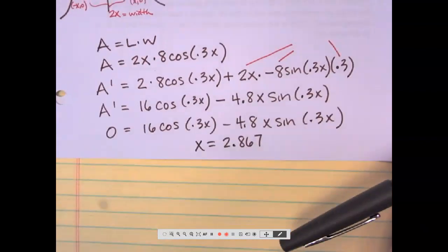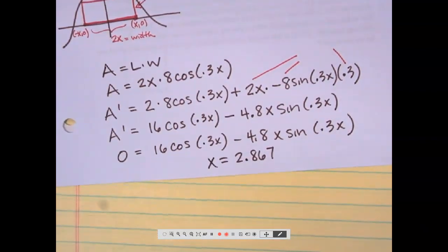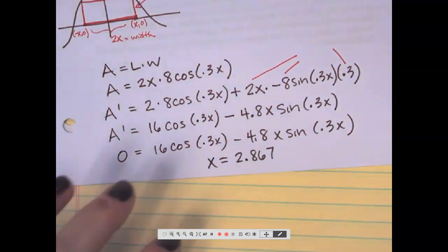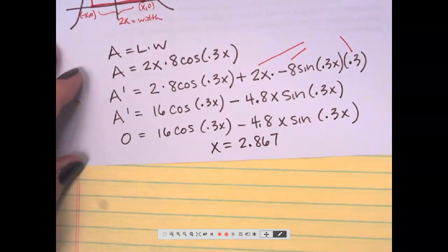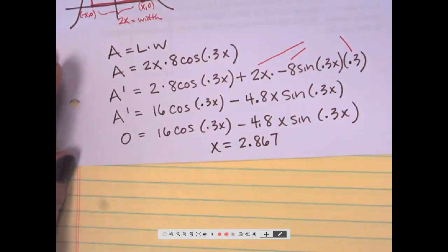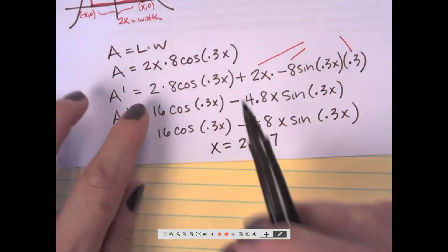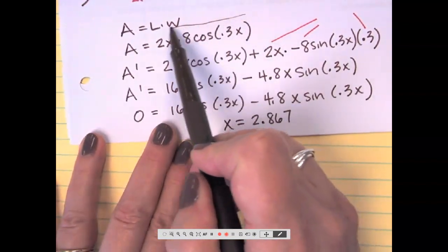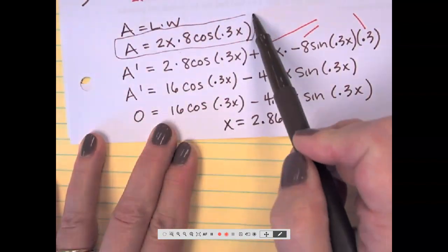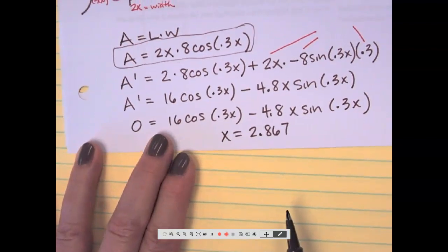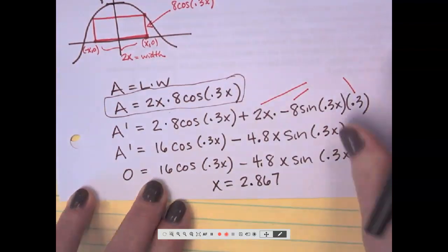Okay, so let's see how we need to answer this. What is the largest area? 2 times 2.867 would be the width. Don't we have an area already set up right here? Yeah, so we could just plug it in there or go back up here and plug it in both.